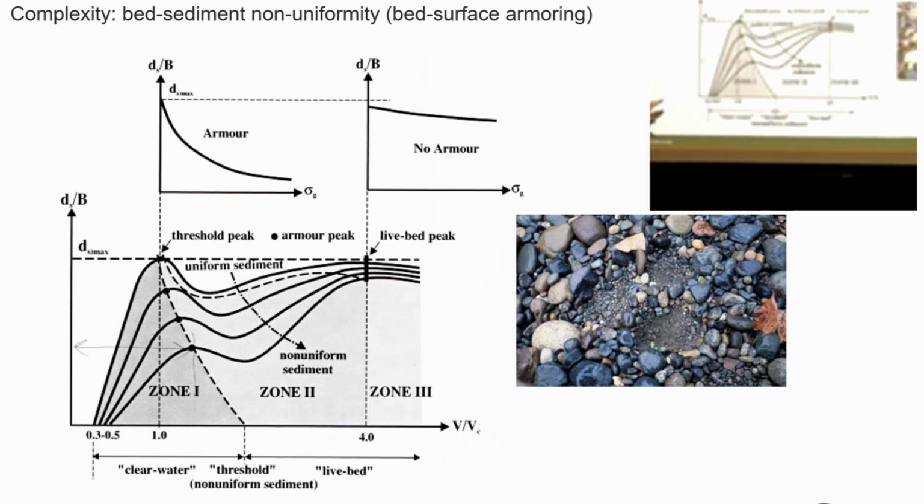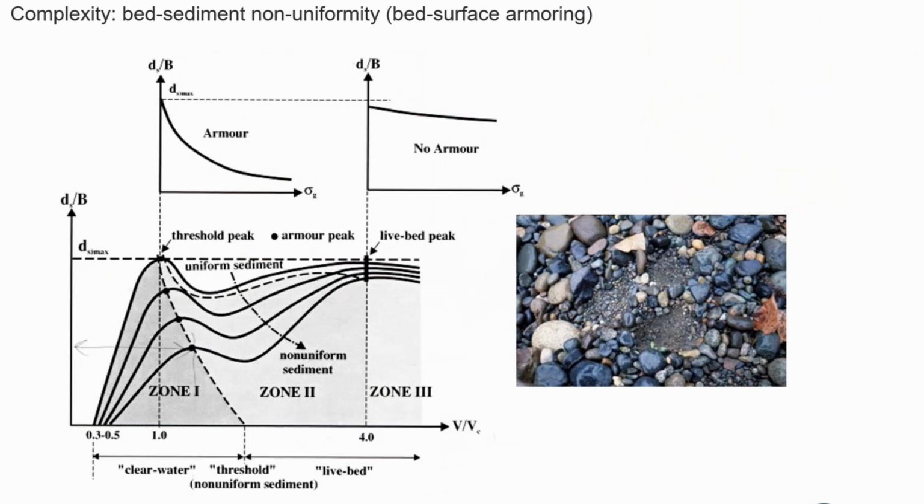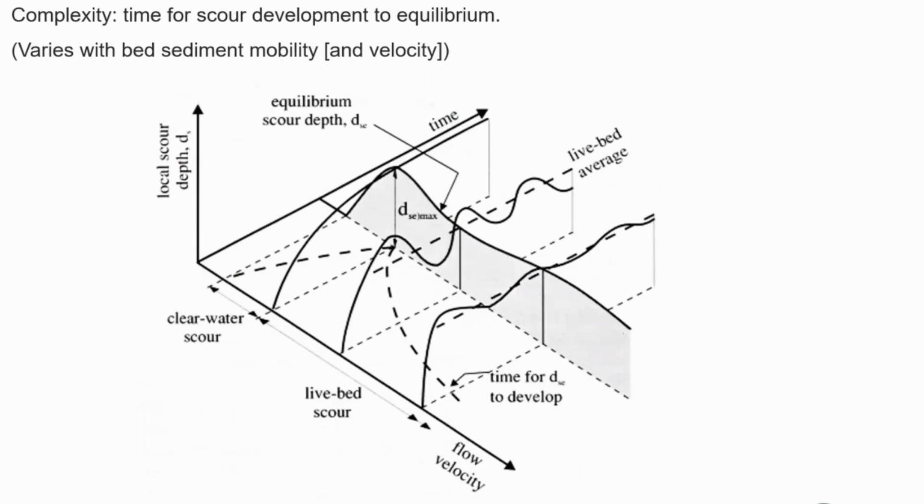And so these sorts of figures have been developed over the years by various experiments and so forth. It's very hard to do field work. This is time development of scour depth, with clear water scour, live bed scour, and so forth. You get a complicated figure like this.